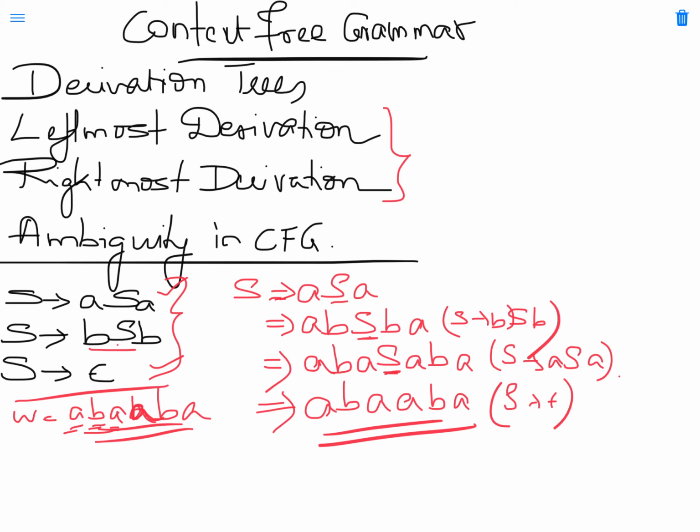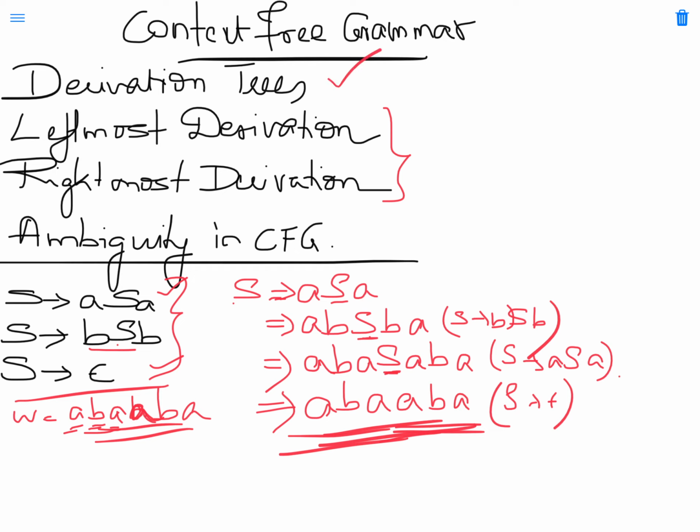The process is called the derivation: from the start symbol you have derived a set of terminals which form a string. If this is visualized in a pictorial way in the form of a tree, then that is called a derivation tree.